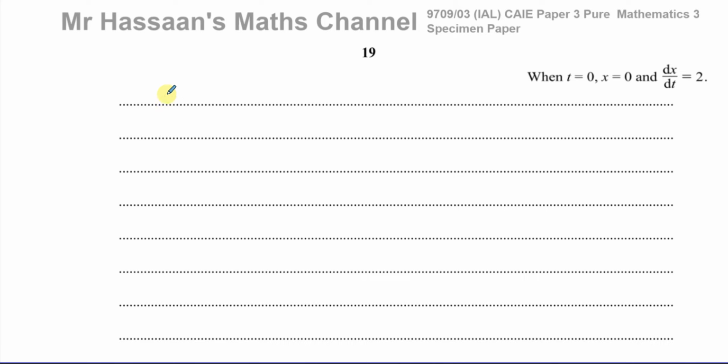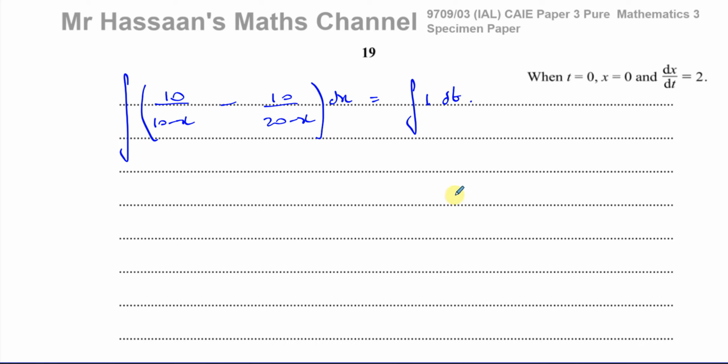That has to be integrated with respect to x, and on this side you have 1 integrated with respect to t. Now from here there are different ways you can proceed.